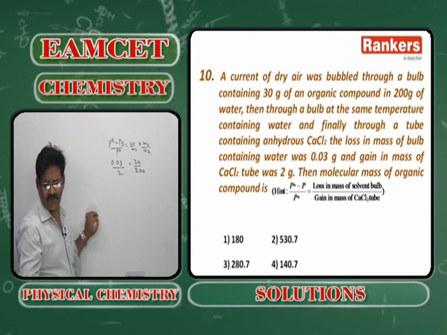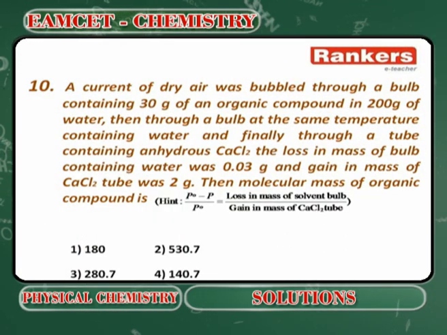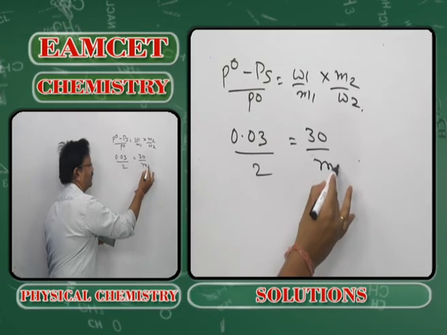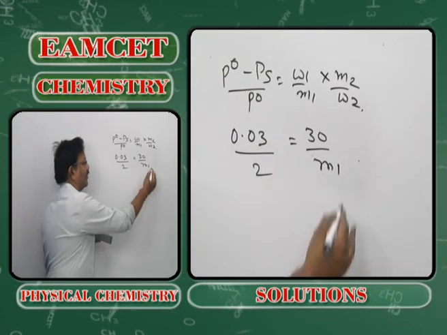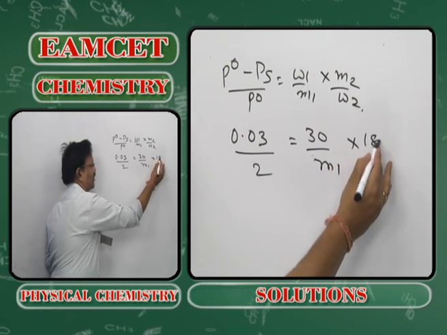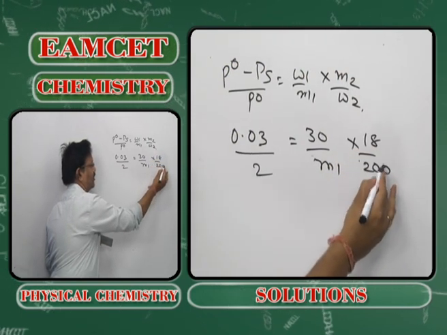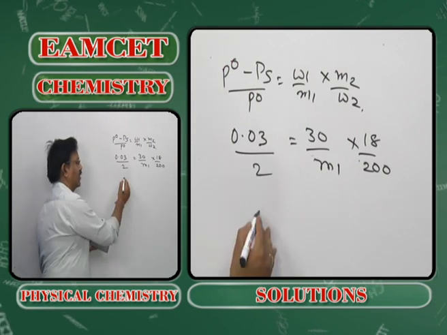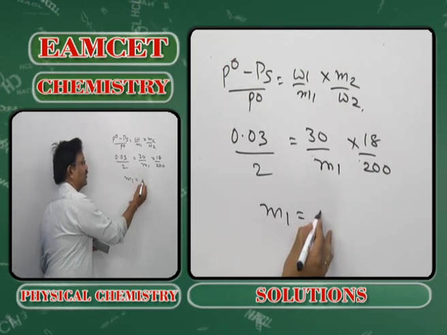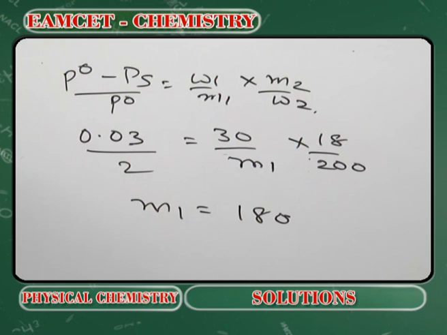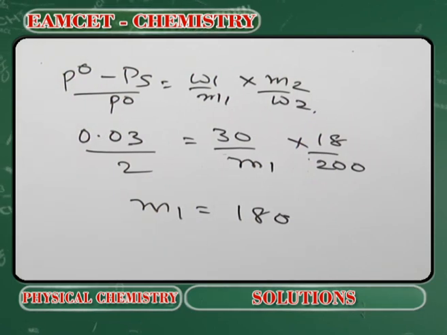What is the molecular weight? W1 by M1, 30 by M1, and 18 by 200. Solving, we get M1 is equal to 180. Option 1 is the answer.